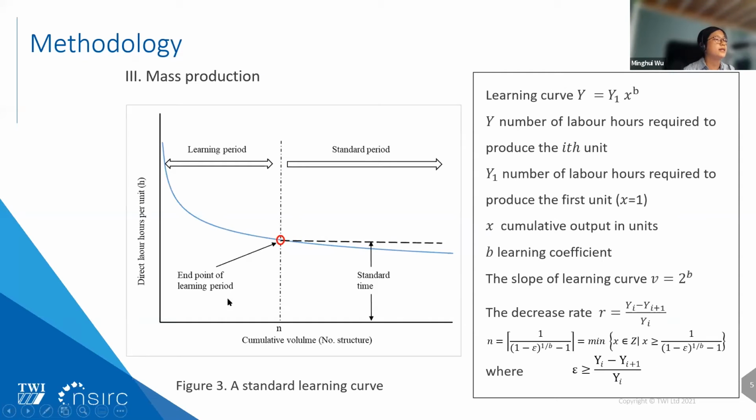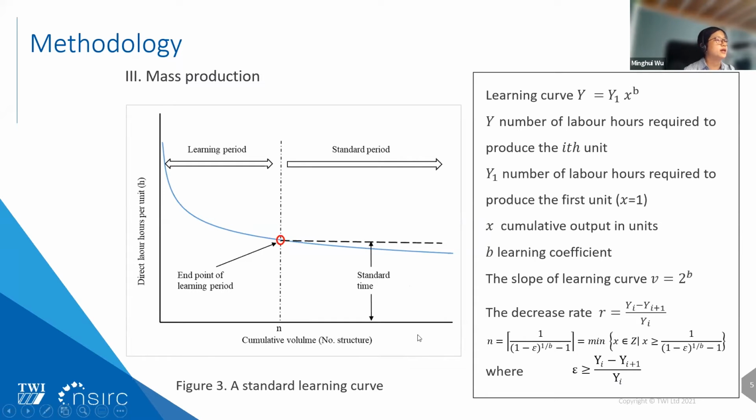And during the mass production analysis, we should consider the labor hours will reduce as we produce more products. This is mainly because the improvement in workers' skills. So to capture this improvement, I use the learning curve method as shown in this figure.